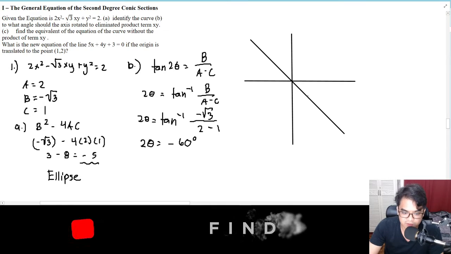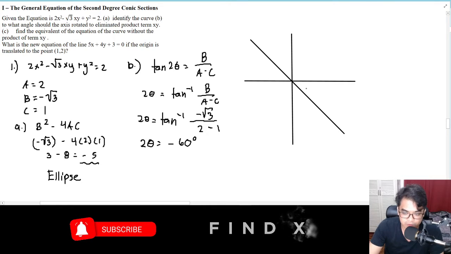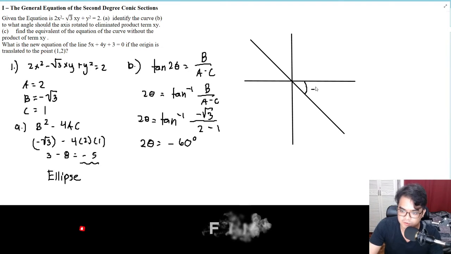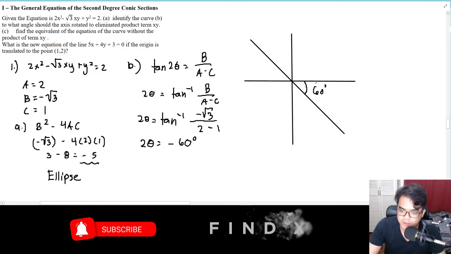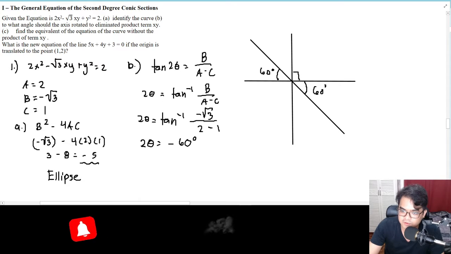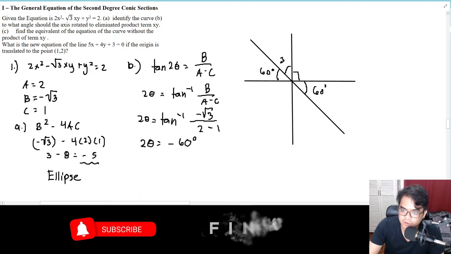Let's say that's negative 60, so it must be in the fourth quadrant. If this is 60, therefore I can also say that this is 60, and of course this is 90. If this is 60, therefore this is 30.